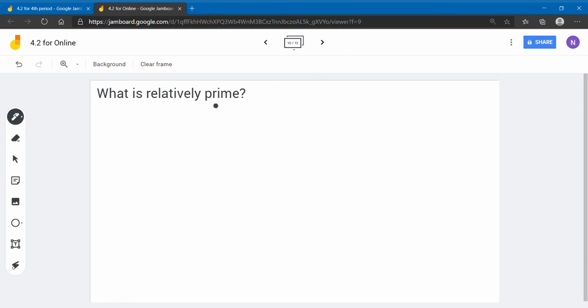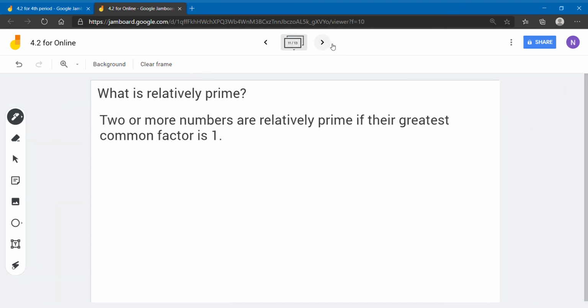Hopefully you remember what prime is, right? Prime numbers are numbers that have only 2 factors, 1 and itself. So what is relatively prime? Well, 2 or more numbers are relatively prime if their greatest common factor is 1.